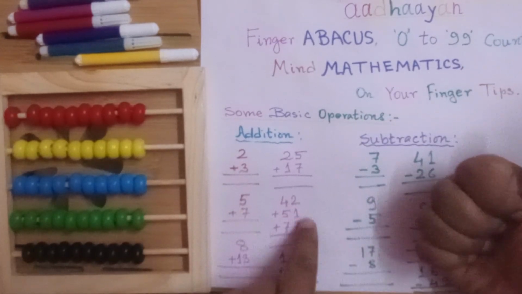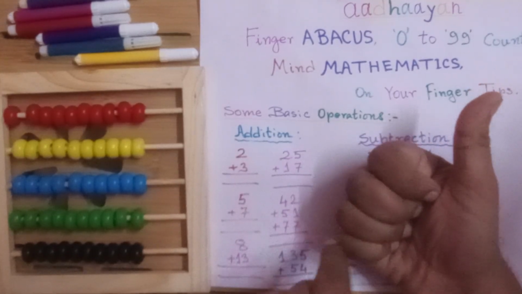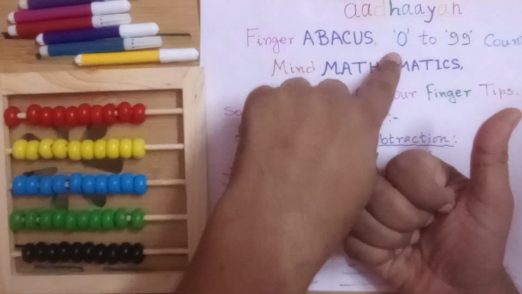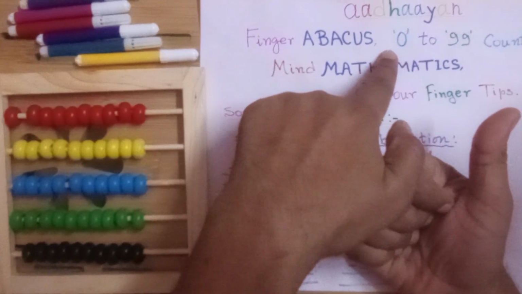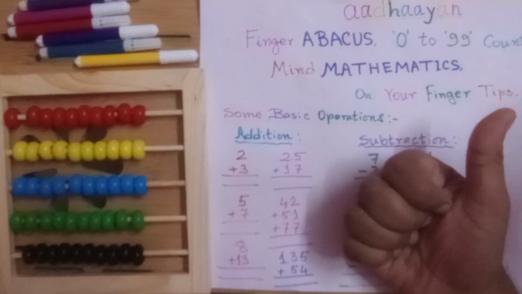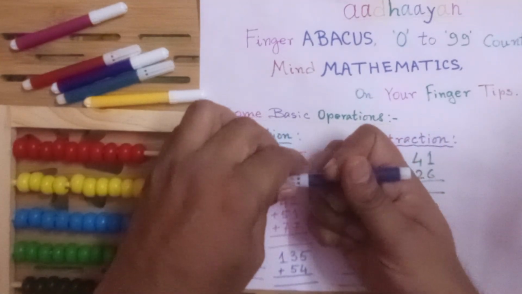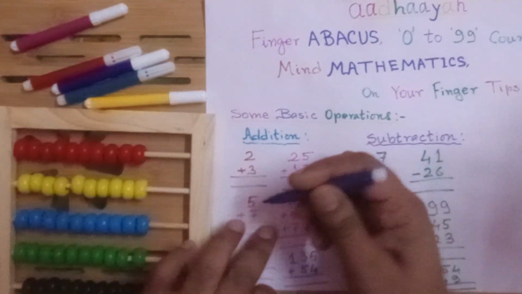So altogether what I get is 5, as per our convention of finger abacus counting. So this is 5.